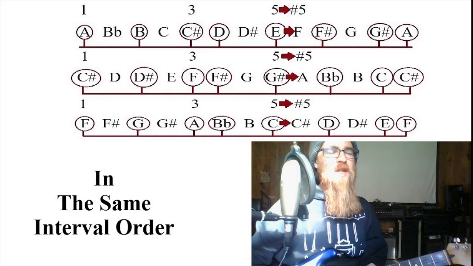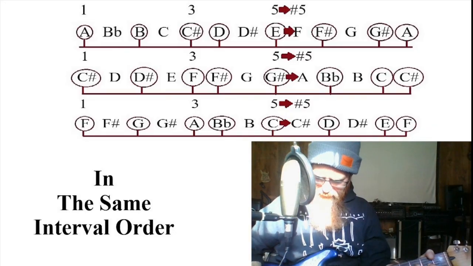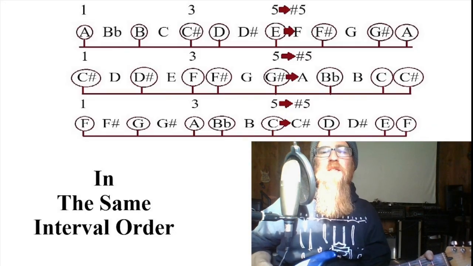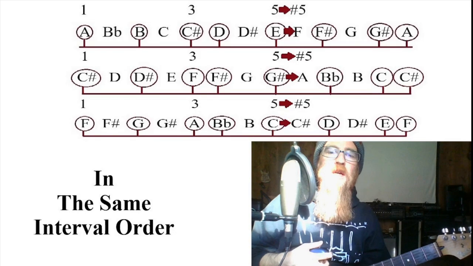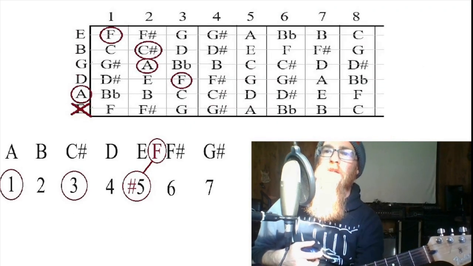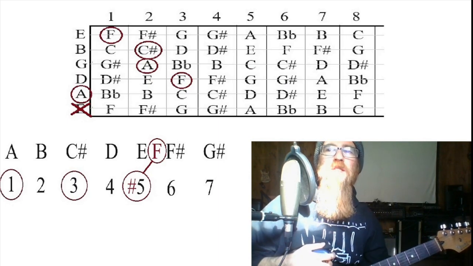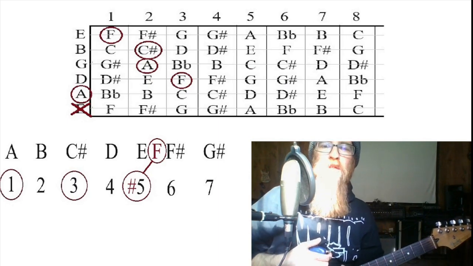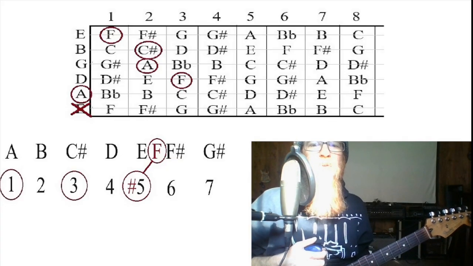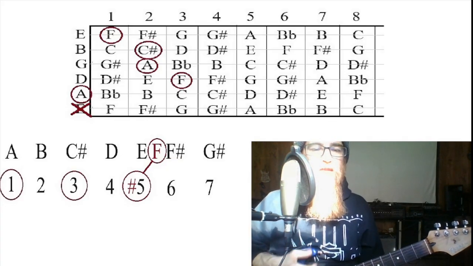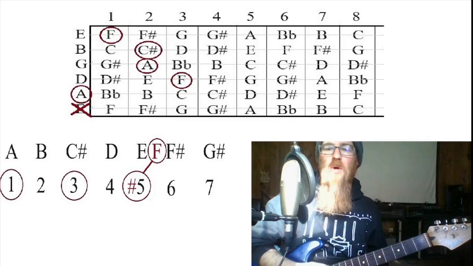So not only is it F augmented and A augmented, but it's C sharp augmented as well. It's one of those rare things. This is sort of a golden unicorn of chord theory. You can't do this with many other chords.